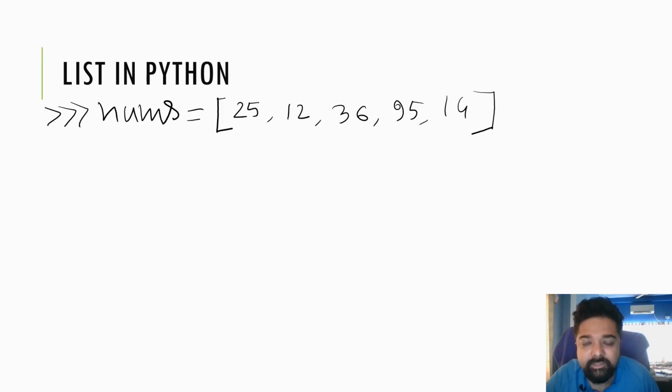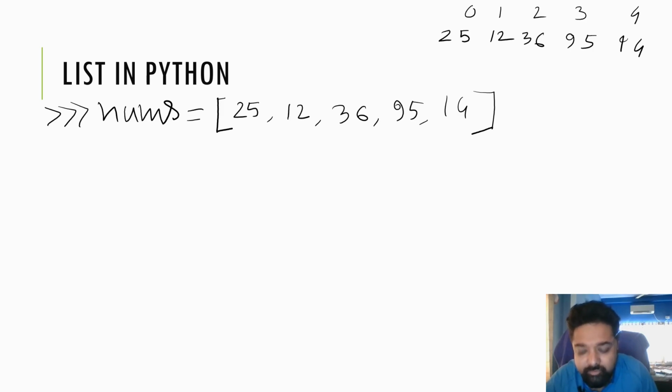So this is a list. It's an array kind of thing, like index value starts with 0, 1, 2, 3, 4, this way.